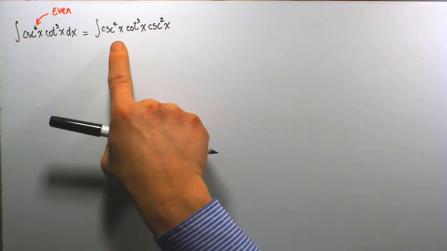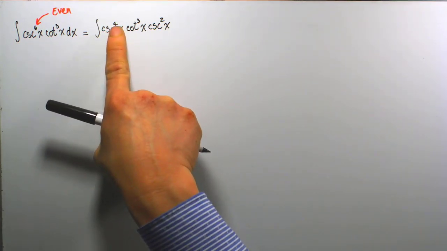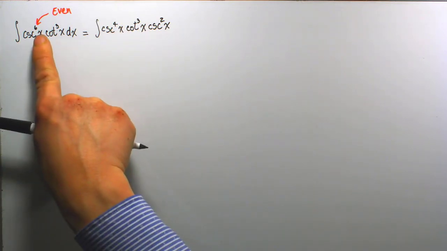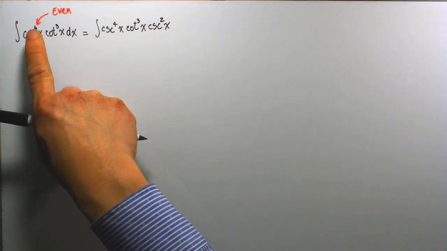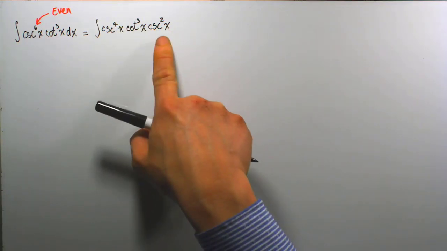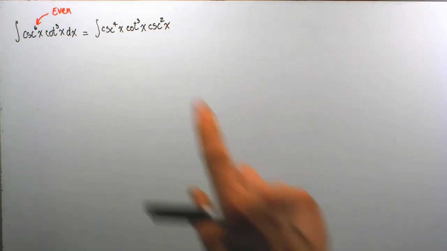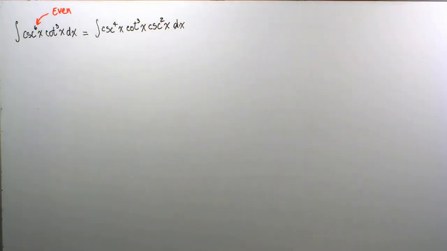This is what the cosecant to the power 2k minus 2 is all about. The 6 here is a multiple of 2, and this here is that power 2k minus 2 because we have separated out a power 2. And there's dx.